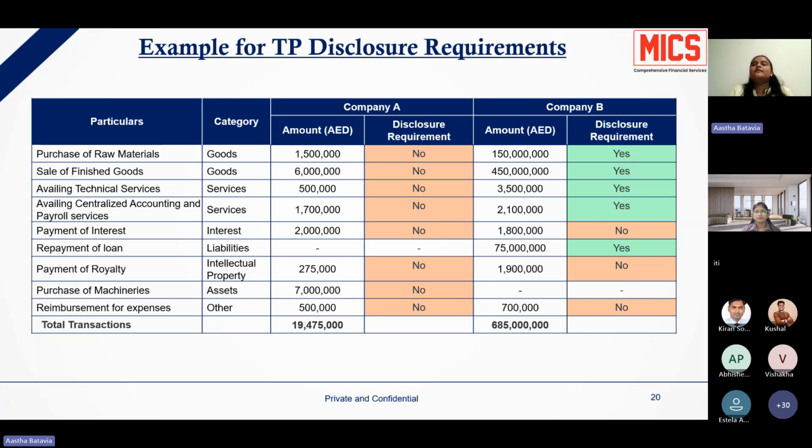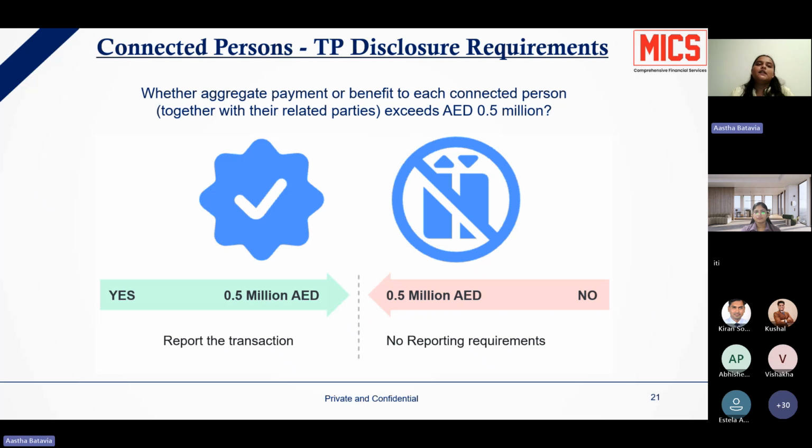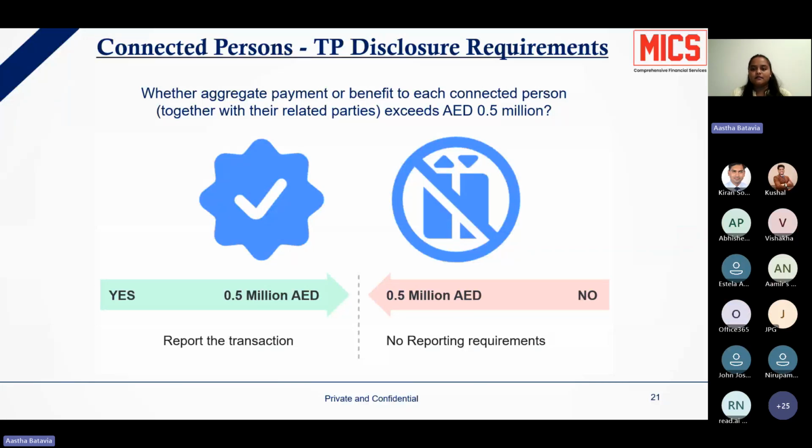Let's move further. All this is concerned with related party disclosure. Do we have anything related to connected persons' payments? Yes, we do. So in the case of a connected person, let's see how it will work. If you are making payments to the directors and so on, those are connected persons.